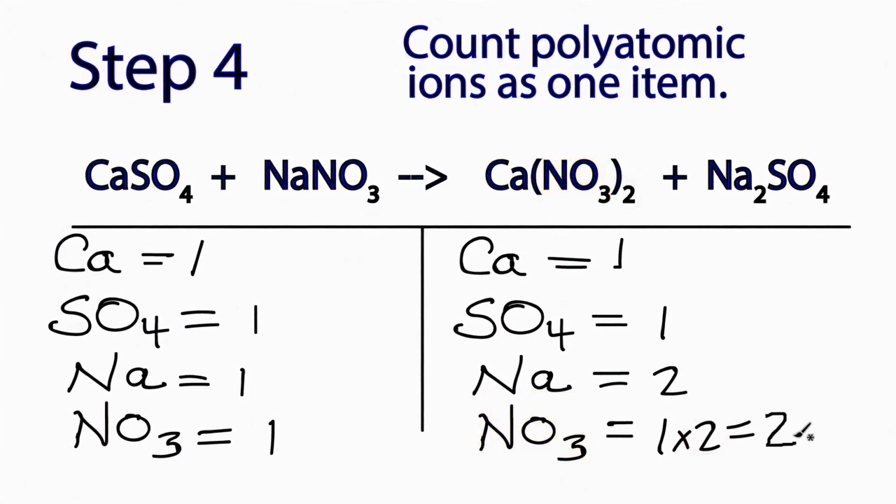So I have 2 NO3s. So if I put the coefficient of 2 right here, that means I'll have 1 times 2, 2 Na's, but this 2 also multiplies across, so 1 times 2 for the NO3s, that gives me 2, and now everything is balanced. So by treating those polyatomic ions as just one thing, it makes it a pretty simple equation to balance.